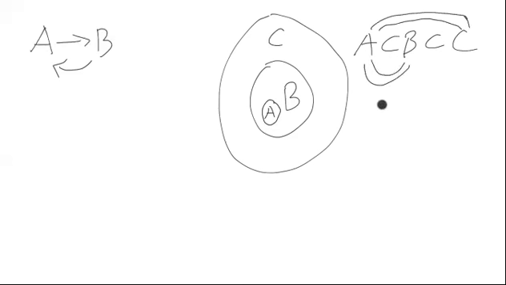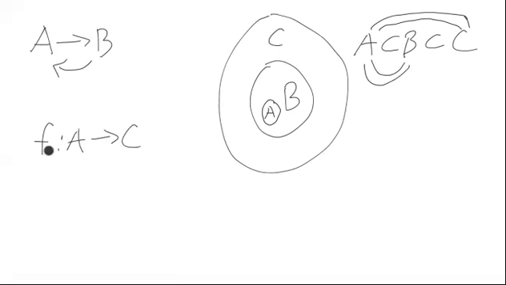Now, let's suppose that we have a function that goes from A to C that's a bijection. That's the assumption here. So we're going to work through the proof of this theorem.